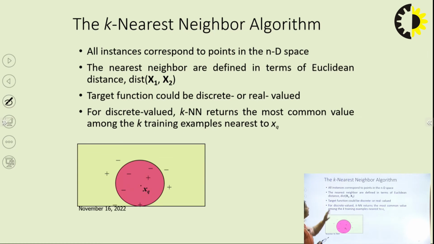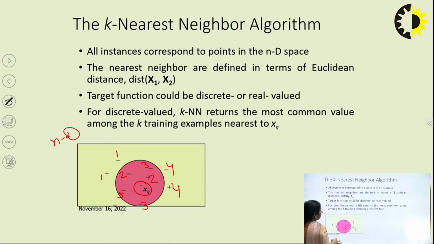So how does it work? We take all the instances; all instances correspond to points in the n-dimensional space. Let me take these points. In this n-dimensional space, I have 4 positive class points and 5 negative class points. Now my new sample is XQ, which we represent as a query point.